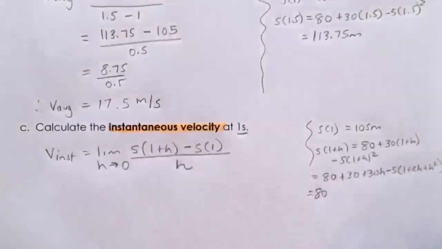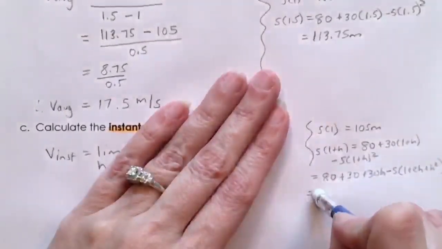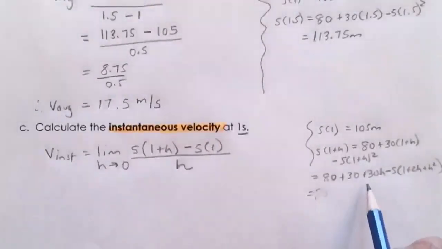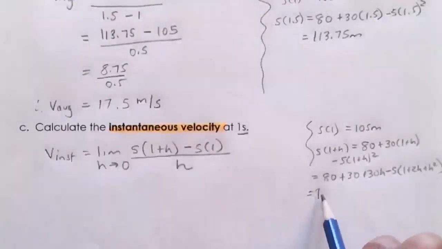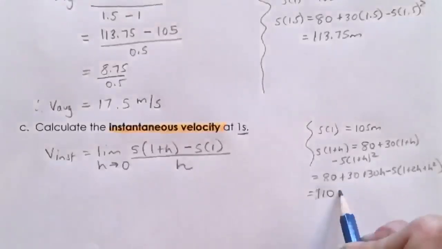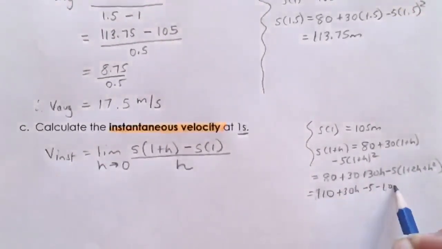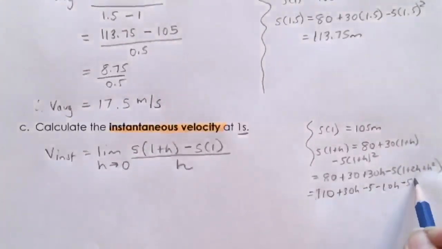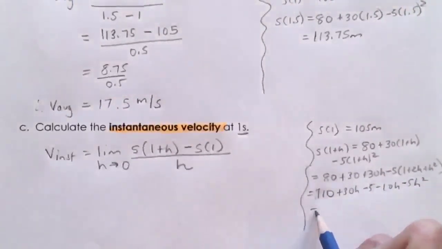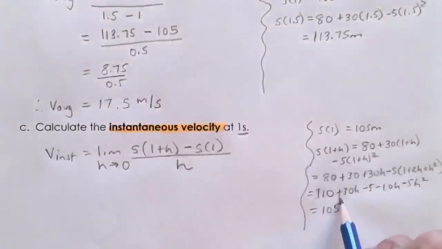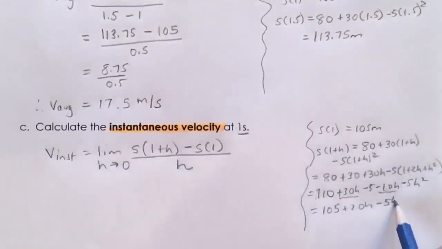Collect my like terms here. 110 plus 30h minus 5 minus 10h minus 5h squared. So 105 plus 20h minus 5h squared.